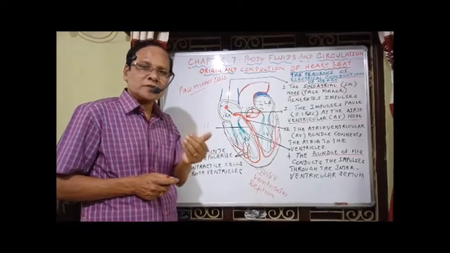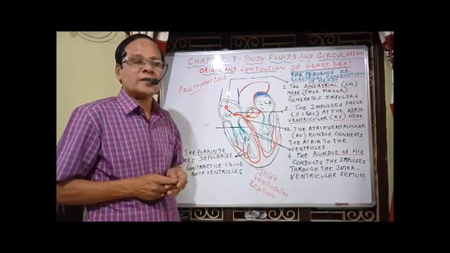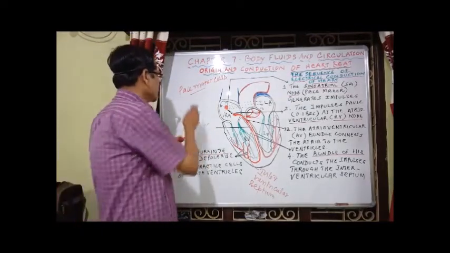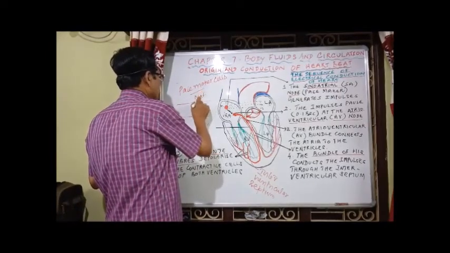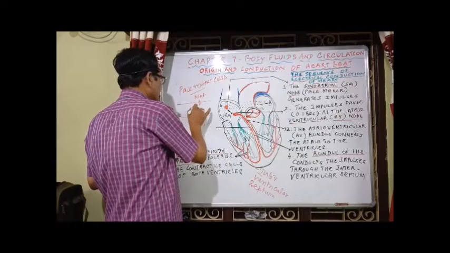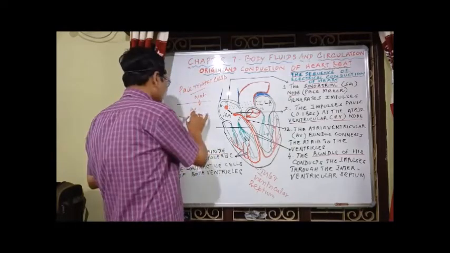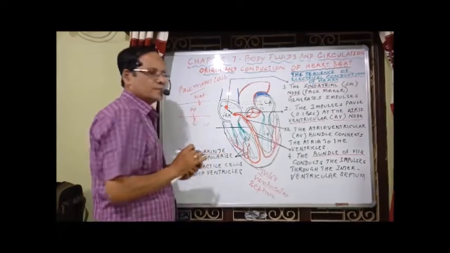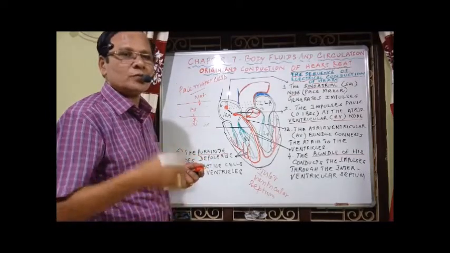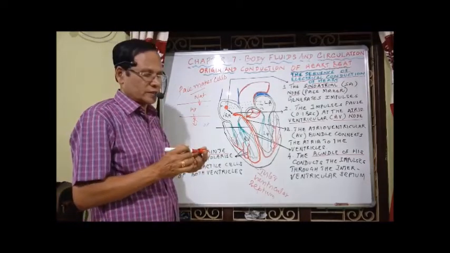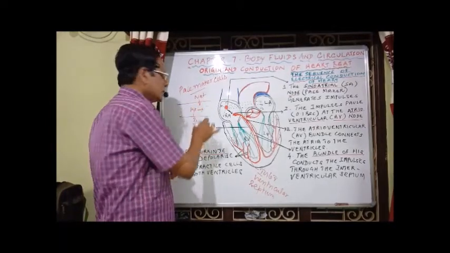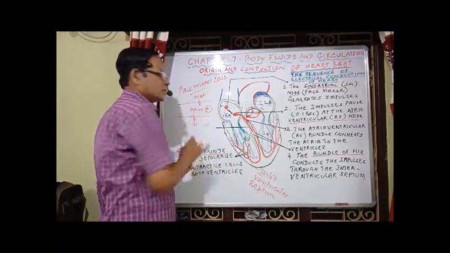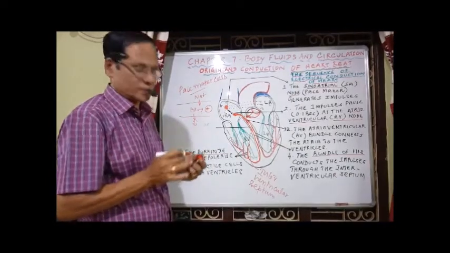Because of influx of sodium ions and reduction in efflux of potassium ions. So more and more sodium ions are entering in, and the efflux of potassium ions, the movement of potassium ions out of the cell, is being prevented. So we have more sodium ions and potassium ions inside, that gives a net positive charge, and that is called depolarization.